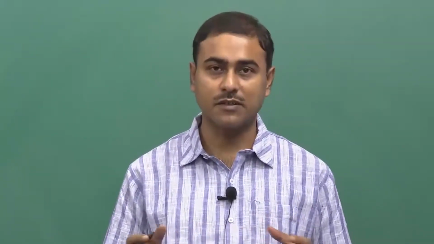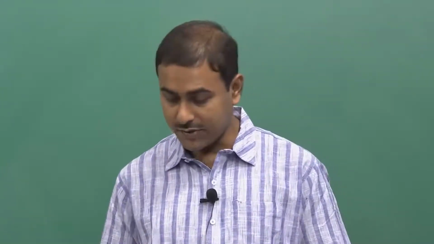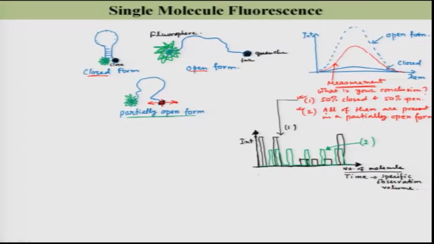So, such kind of slow conformational fluctuation dynamics can also be observed, and in such a case, if you now do such kind of plot, what are you going to see? You will see such kind of diagram. In all the cases it is similar intensity, but within this similar intensity there is some sort of fluctuation, sometimes high, sometimes low, right.